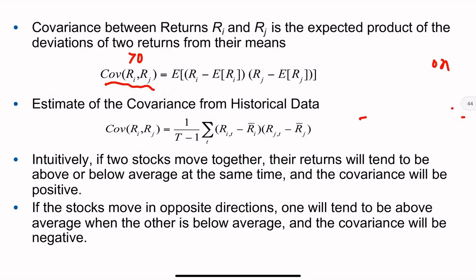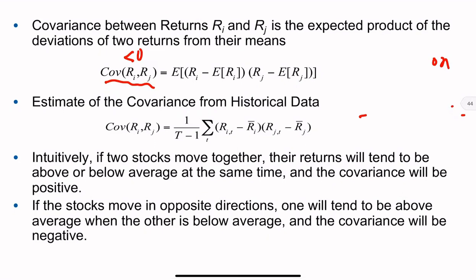If the covariance is smaller than 0, then you would know that return I and return J tend to move in the opposite direction. Now, if you get a value which is close to 0, then you could say that return I and return J are almost unrelated.